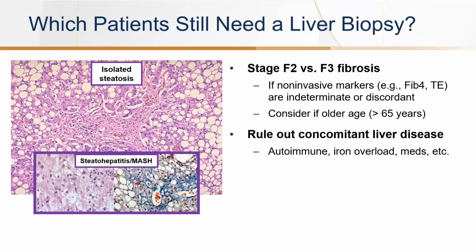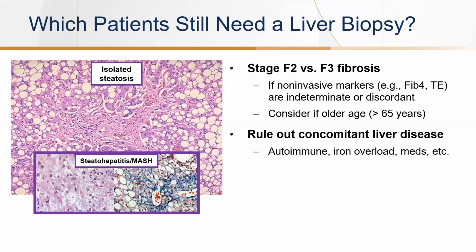Now, curiously, we've got all these lovely non-invasive tests that are very specific and very helpful, but who might still need a biopsy? If your non-invasive testing is still indeterminate, or if your labs and your test results don't line up and they're discordant, you might want to do a biopsy to determine if they're F2 versus F3. If they're older, you may want to do a biopsy because some of the testing is age limited, FIB4.